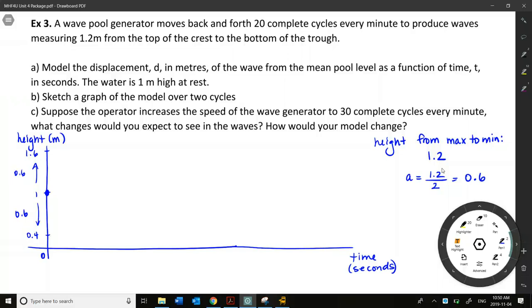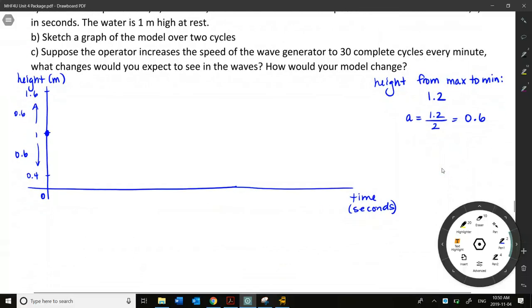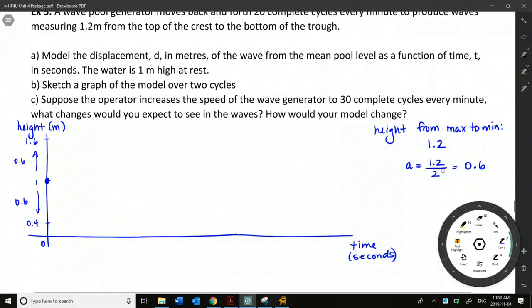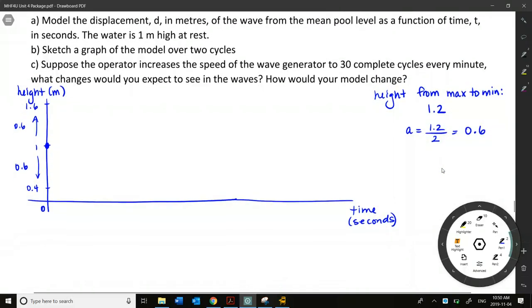How long does one cycle take? If I do 20 cycles every minute, how long does one cycle take? 3 seconds.